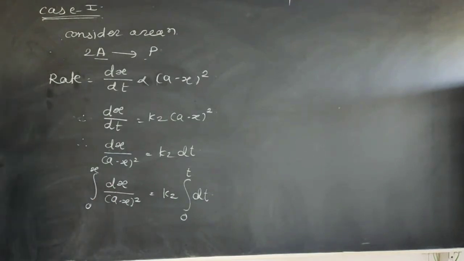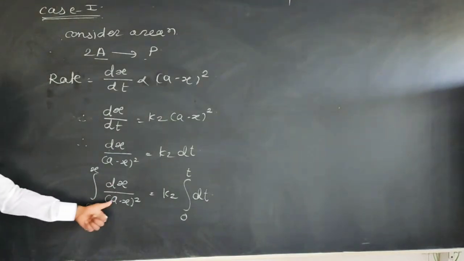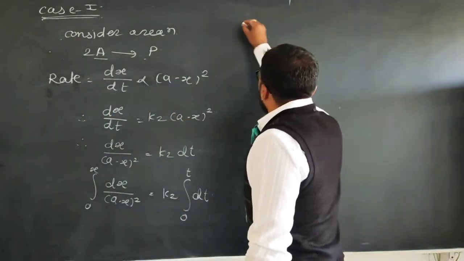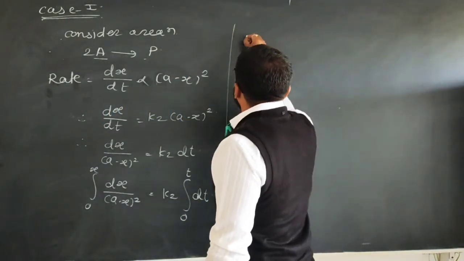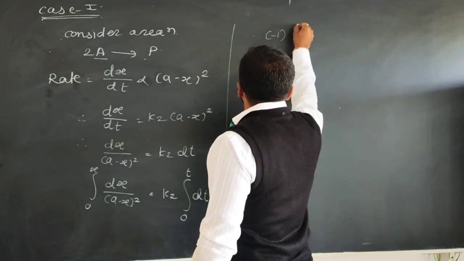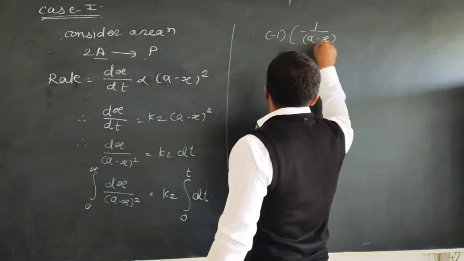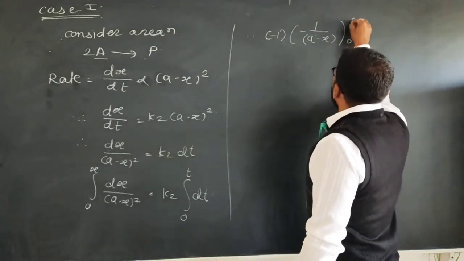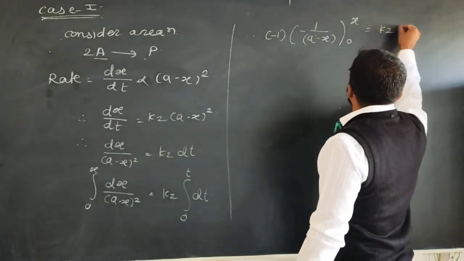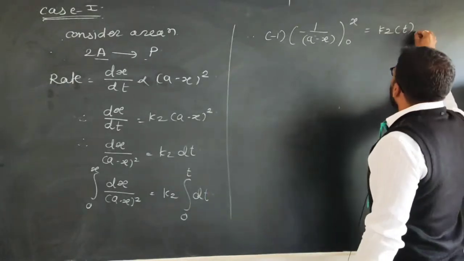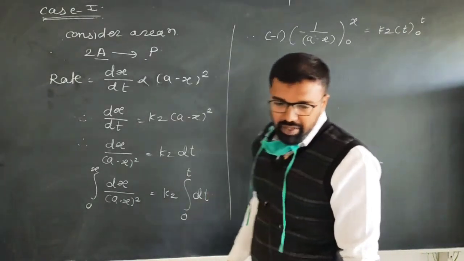According to the laws of integration, this equation can be solved. The answer of this integration is minus 1 upon (a minus x)... Actually, the answer is 1 upon (a minus x) with limit 0 to x, and k2 as it is, with the limit for t 0 to t.